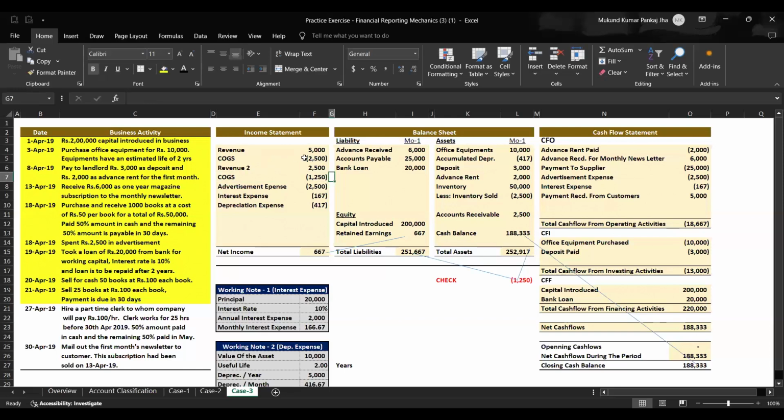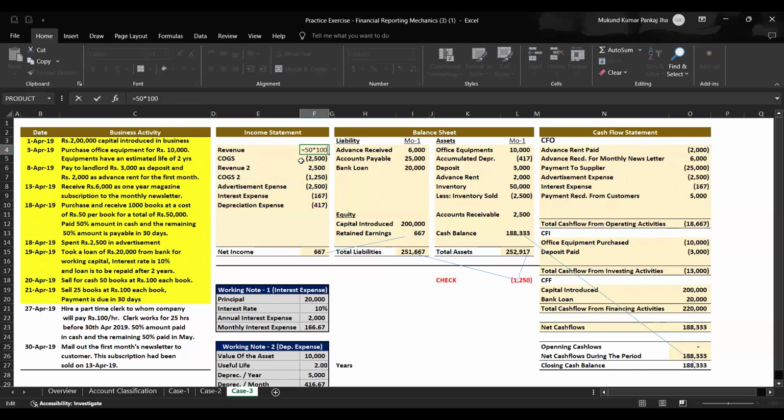So just to give a breakup, I have recorded revenue 2 times, to show from which parts revenue has been recorded. So there are 2 entries. To make you understand, I could have simply used 50 into 100 plus 25 into 100 over here, and that is the ideal way to do it.